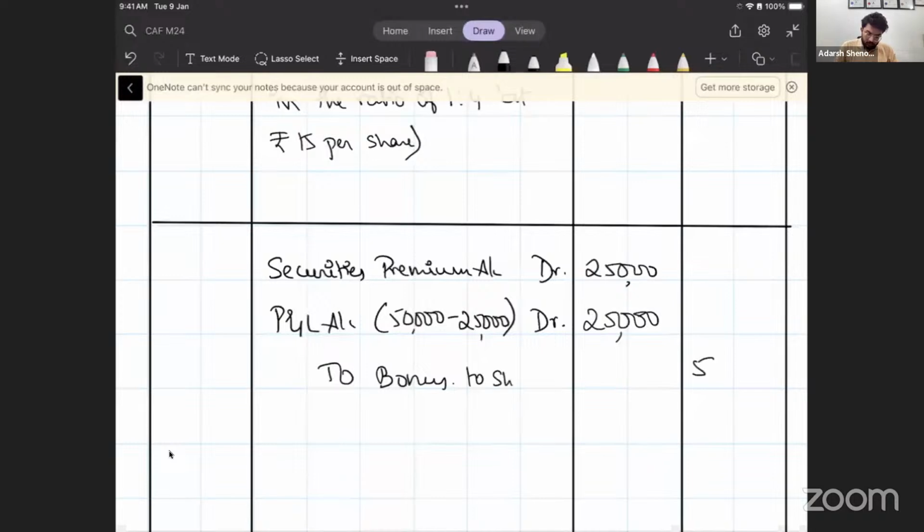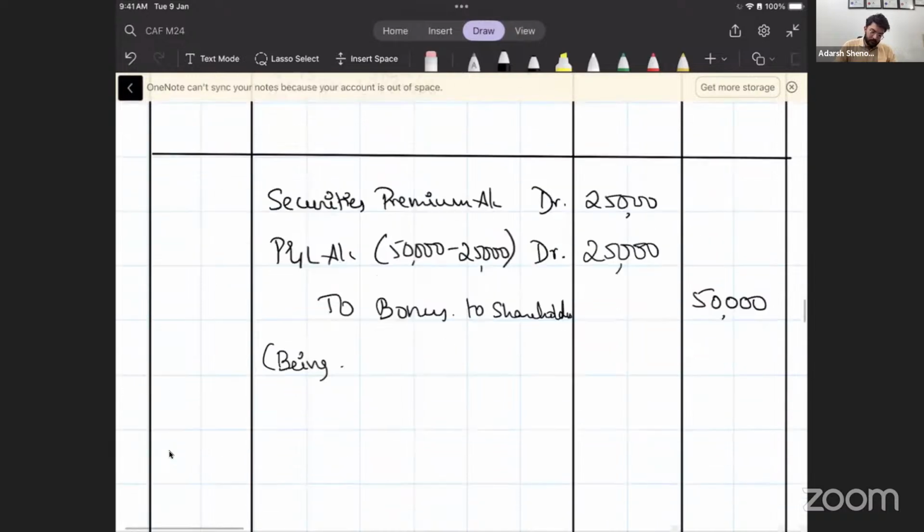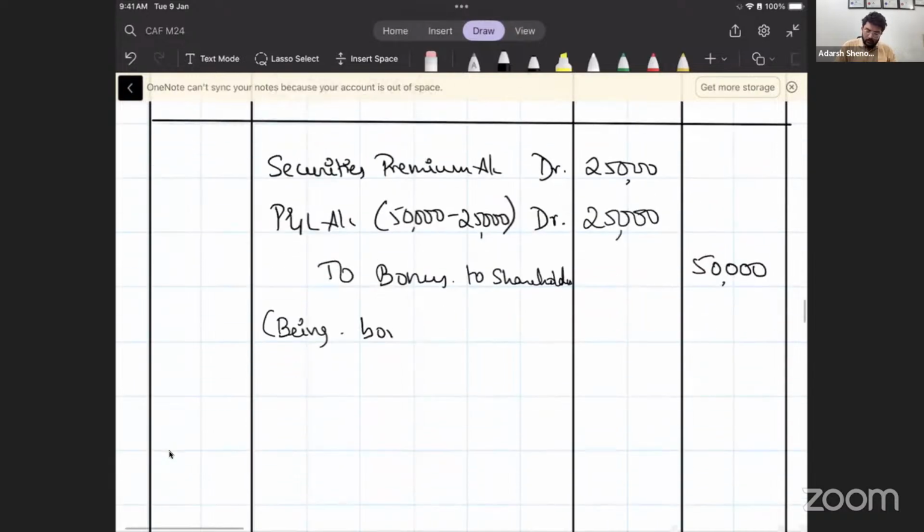Bonus to shareholders, 50,000, being bonus issue in the ratio of 1:5 announced.